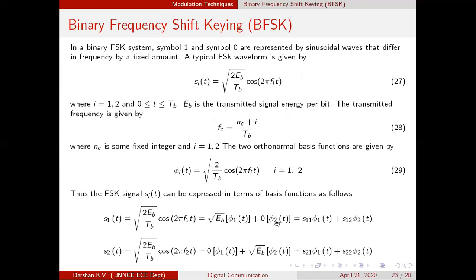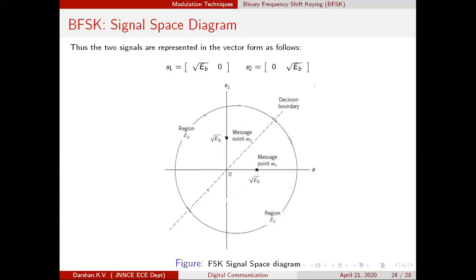expressed in terms of basis functions, and for representing the signal in the vector form, the signals S1 of t and S2 of t are represented in the vector forms as shown, and corresponding points have been plotted in the signal space graph.